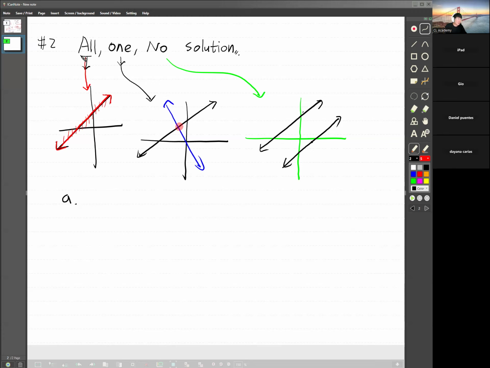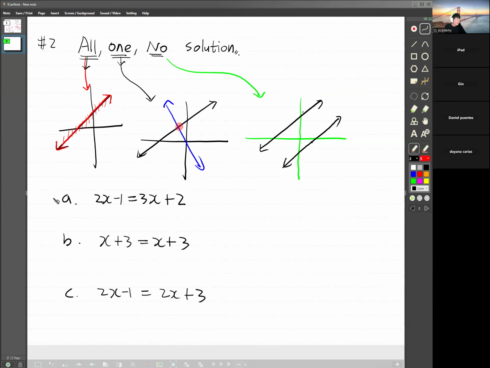You just need to write all, one, or no solution. First one. Now try this ABC.